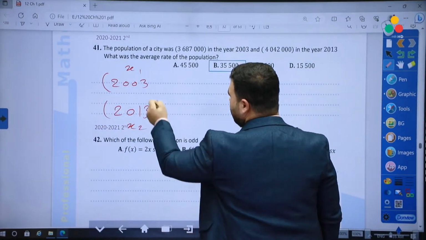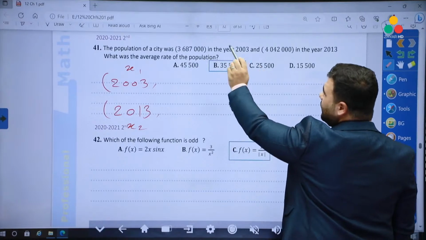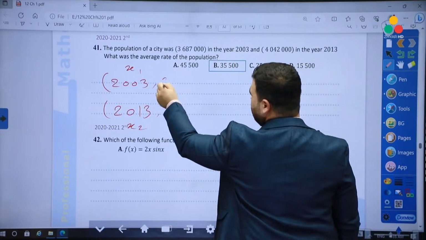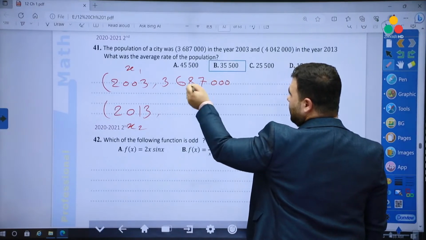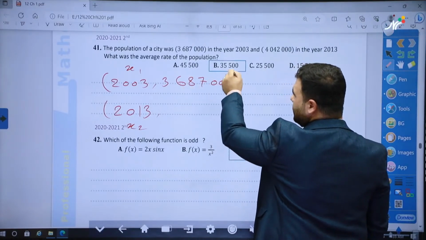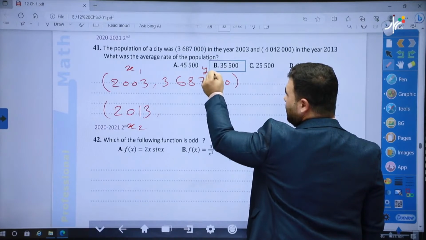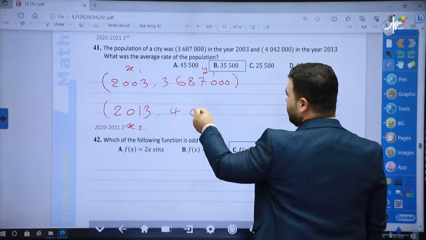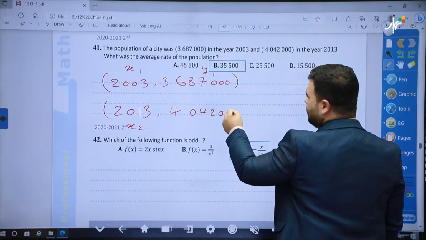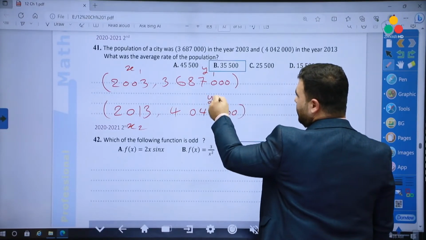x2. Now, the population in 2013 is 687,000. This is y1. And the other population, 4,042,000, is y2.